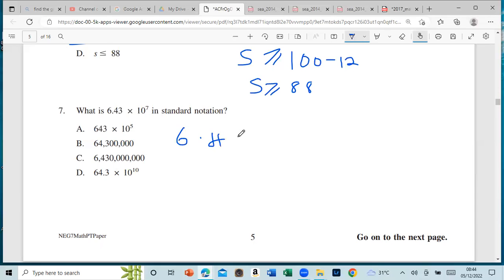We'll just put some 0 first. 1, 2, 3, 4, 5, 6, 7. So 1 comma here. Alright, so this is 64,000,000. Good. So that would be B.